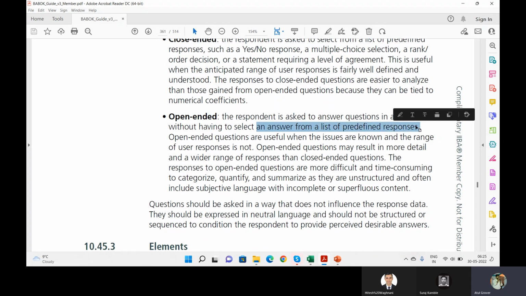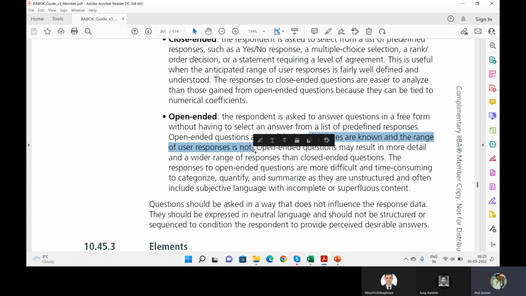Define yourself in 5 lines. Open-ended है, ठीक है? It is useful when issues are known and the range of responses is not. आपको पता issue है, लोग there is the attrition, you know, but why, that you don't know.